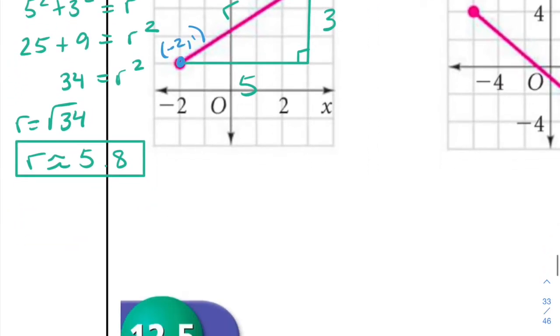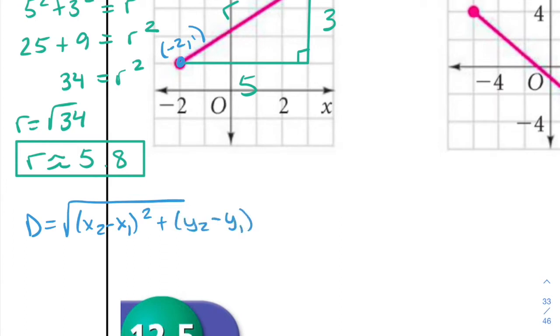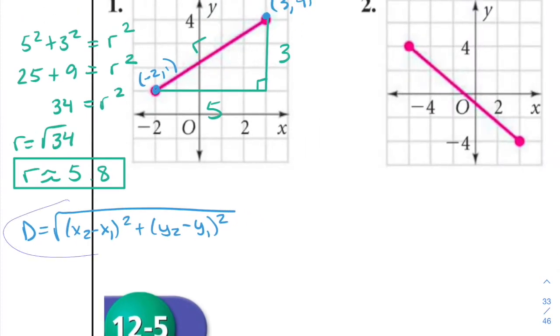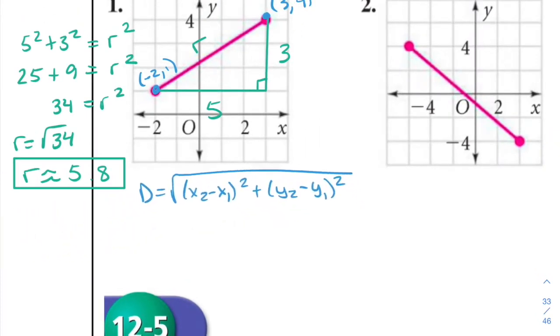So we will have the distance formula as the square root of x2 minus x1 squared plus the difference of y2 and y1 squared. I'm going to run out of room for this one. There we go.